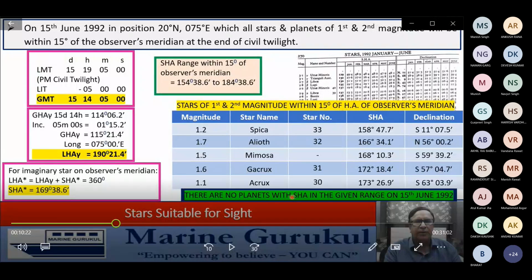Now in the second type of questions, they are going to ask that you have listed down these stars, which are within 15 degrees of our meridian. But which of these stars will actually be visible to the observer? Can we find that out too? Because we cannot see all the stars.